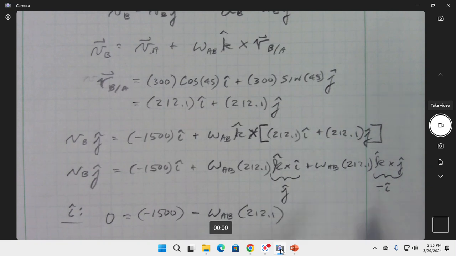Trying to remember what we got before. There's going to be a negative number, right? Does that make sense? No, it doesn't make sense.